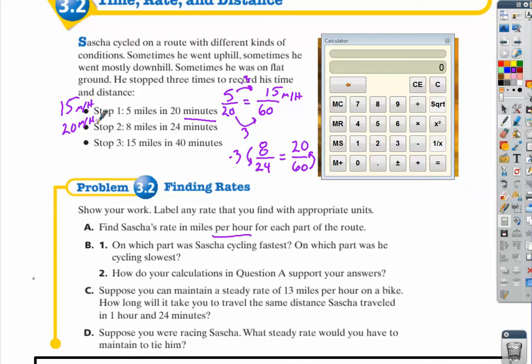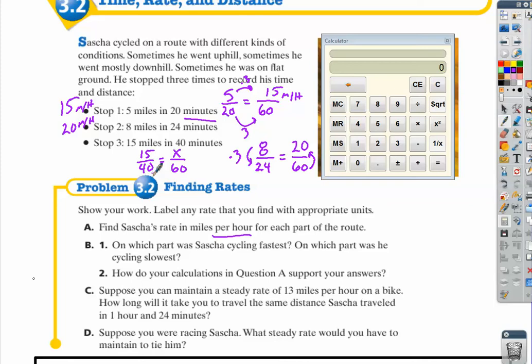Okay. All right, so here we can try the same thing. We can go 15 over 40 is equal to x over 60. Well, 15 does not go into 40 evenly, and what do I multiply 40 by to get 60? Well, that's a little bit easier, right?